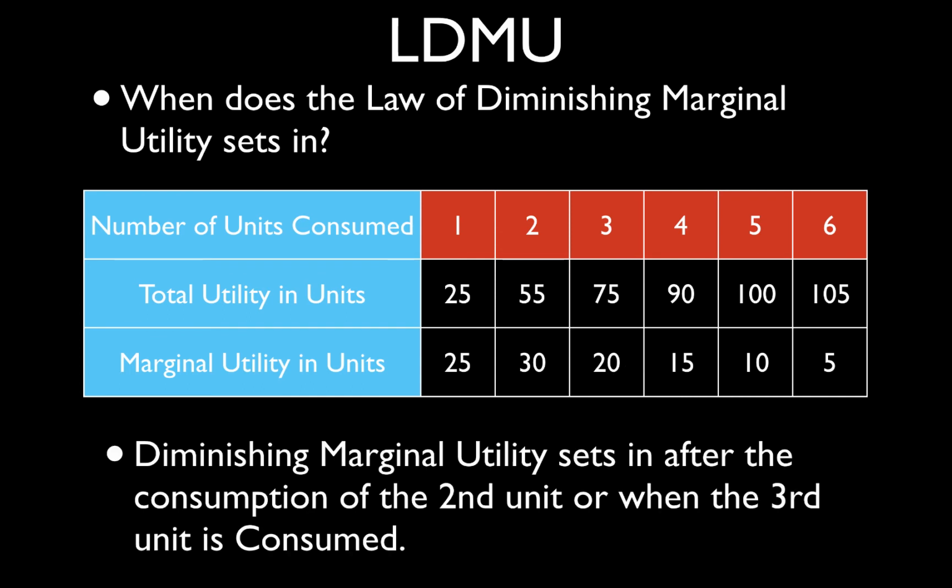So our answer is, first of all, these are the numbers here, and all you do to get the marginal utility of each good is take the total utility of all goods consumed minus the total utility of the previous goods consumed. So 105 minus 100 equals 5, 100 minus 90 equals 10, 90 minus 75 equals 15, that kind of thing. Diminishing marginal utility sets in after the consumption of the second unit, or when the third unit is consumed. And that's what we're saying there.